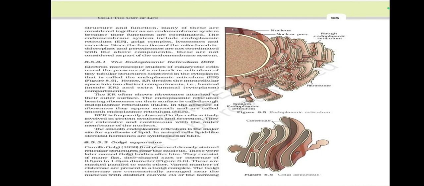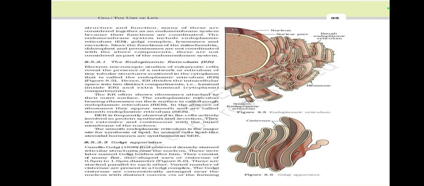Golgi apparatus. Camillo Golgi in 1898 first observed densely stained reticular structures near the nucleus. These were later named Golgi bodies after him.